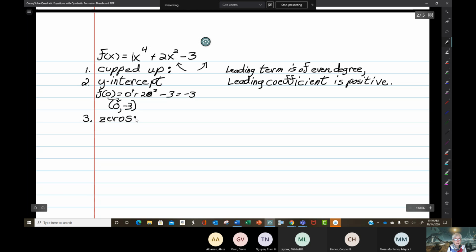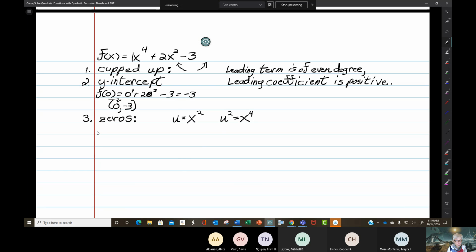But first, we have to use U substitution to make it quadratic. So U equals x squared, and U squared equals x to the 4th. I showed you how that happens in the previous problem.